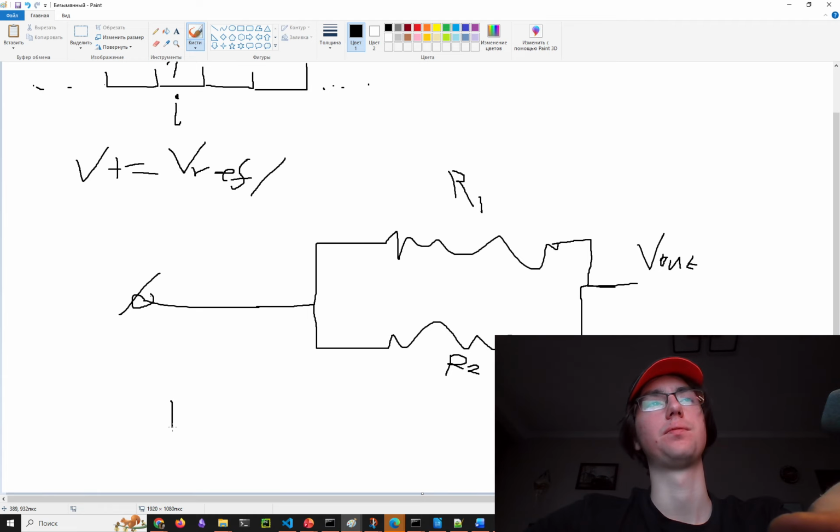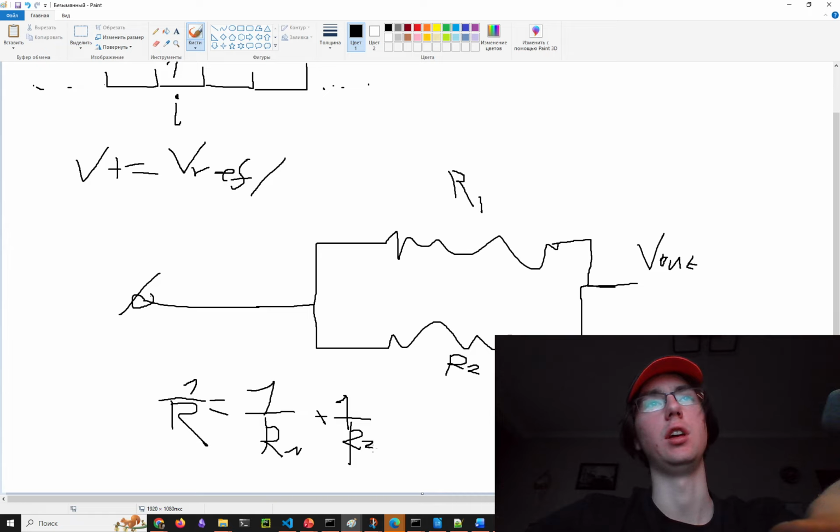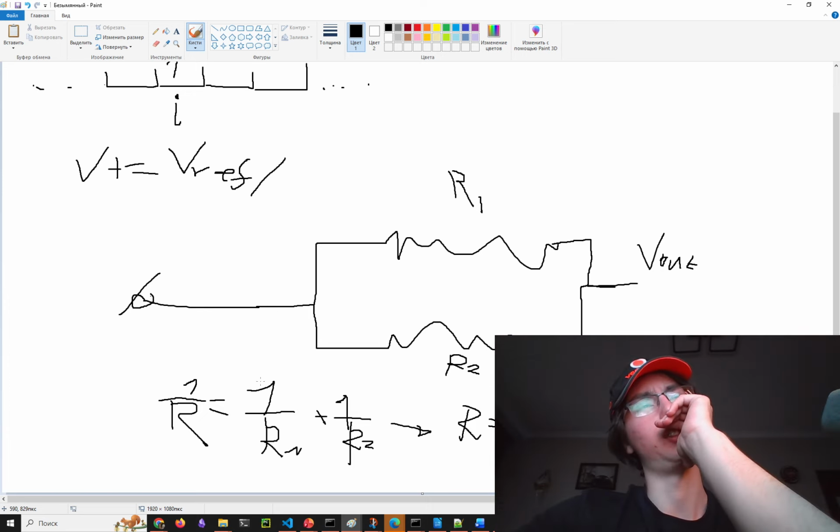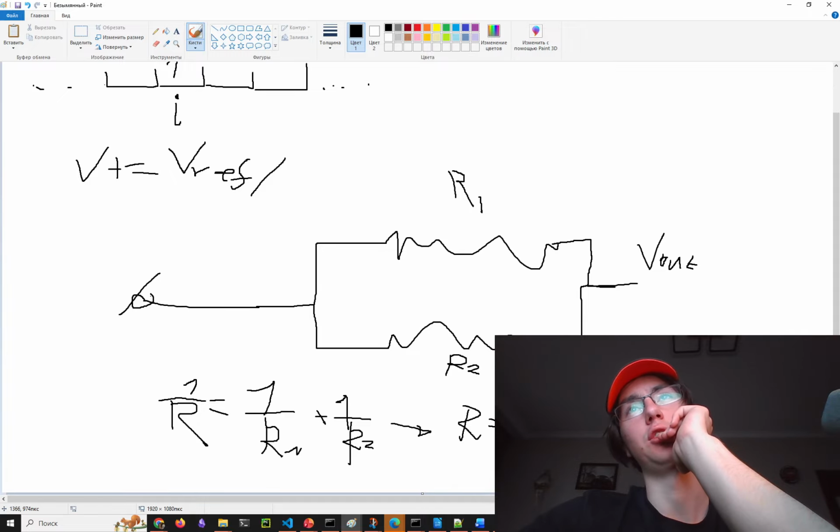Then we have this fancy formula for parallel resistors. As far as I know, we can actually add them up, and this will basically mean that R is equal to R2 plus R1. Yeah, it basically means that we will have R1 multiplied by R2 divided by R1 plus R2.